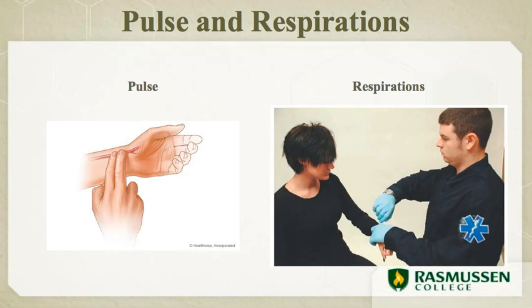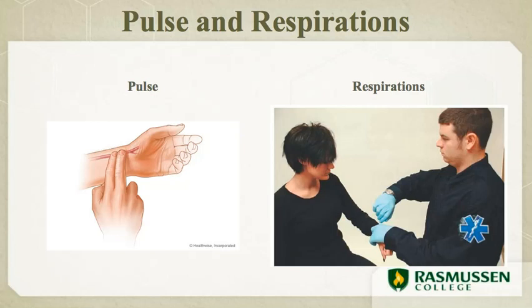Then we have pulse and respiration. Now I did these together because pulse and respiration again should be taken together. Pulse is the number of times a heart beats per minute. The pulse is a wave of blood that comes through the body when the left ventricle of the heart contracts and then relaxes.